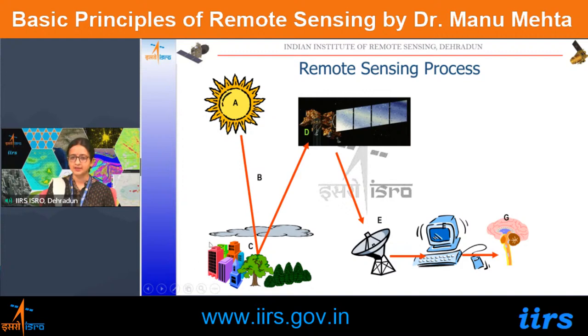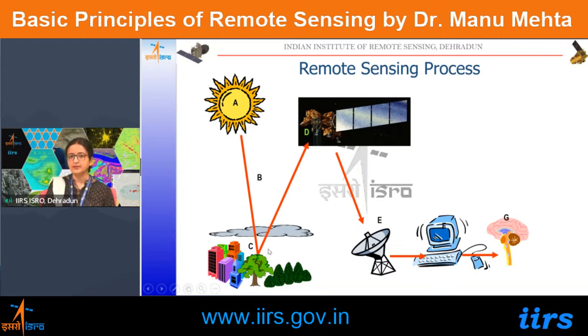Now, for Earth observation, there is a layer of atmosphere which covers the Earth. And the information which is coming through electromagnetic energy is altered because of interaction of this energy with the atmosphere, both while incoming as well as while outgoing. That is, say my target of interest was C, this tree. But the energy interacted with the atmosphere before reaching the target.